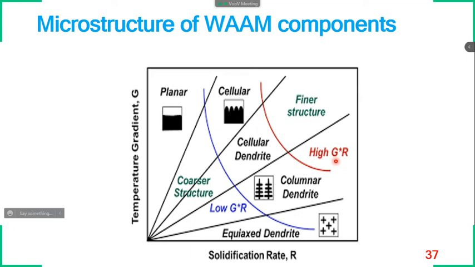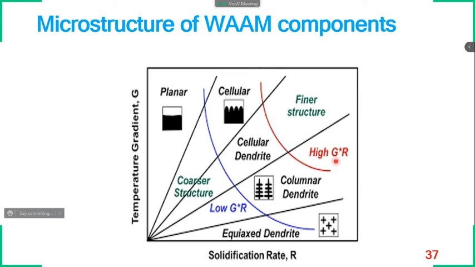So in WAAM, only the solidification rate changes, based on the torch traveling speed. The thermal gradient we can leave. The solidification rate greatly depends on how fast the torch is going to travel. Generally in welding, we calculate R, the solidification rate, as equal to the torch traveling speed.